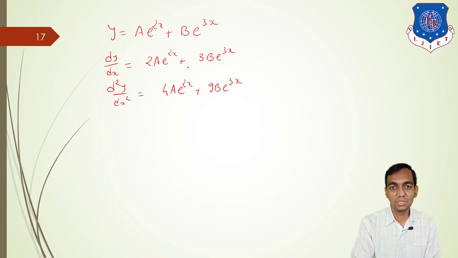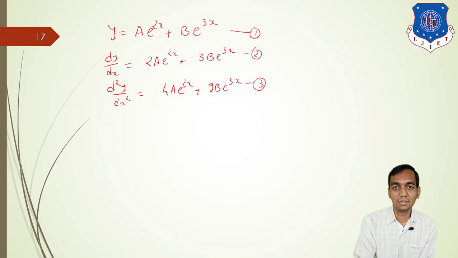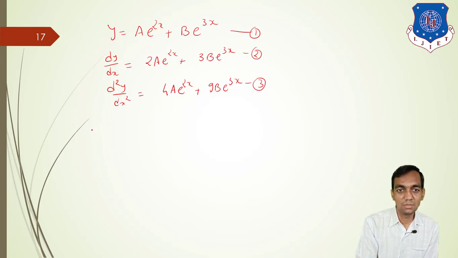Now from these three equations, we have to eliminate a and b. So what I am going to do is, from 1, 2 and 3, okay, if you have to eliminate the constants, then the simple method is either you use the method of substitution, or write down these equations in the form of a e raised to 2x plus b e raised to 3x minus y is equal to 0.